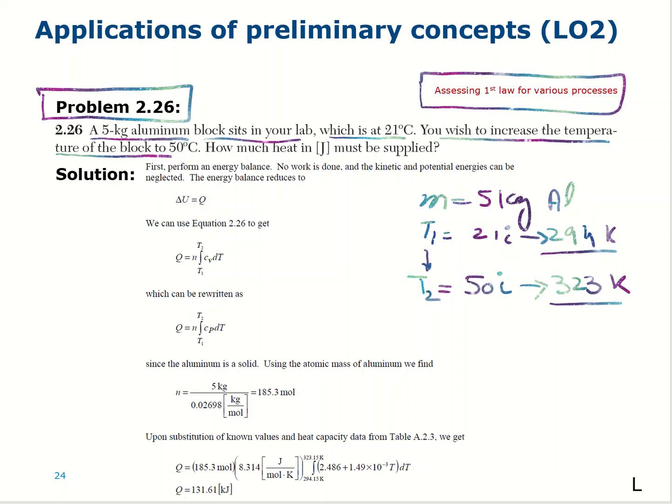Now we need to calculate how much heat in joules is supplied to heat the block from T1 to T2.